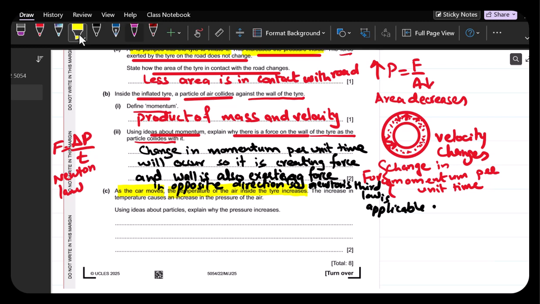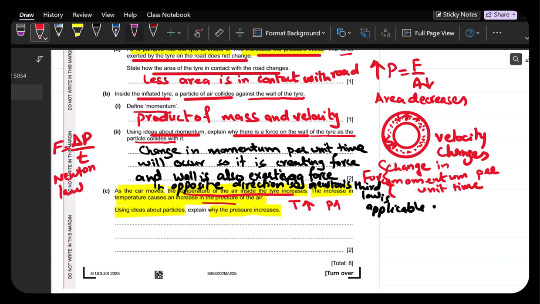So anyhow, the temperature of the air inside the tire increases. The increase in temperature causes an increase in the pressure of the air. So using ideas about particles, explain why pressure increases. So you know temperature increases as the statement is written, and pressure is going to increase.